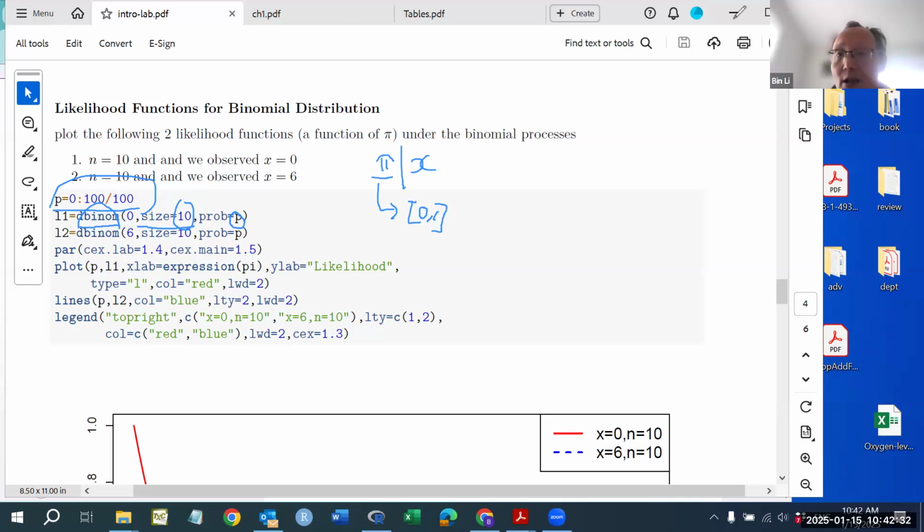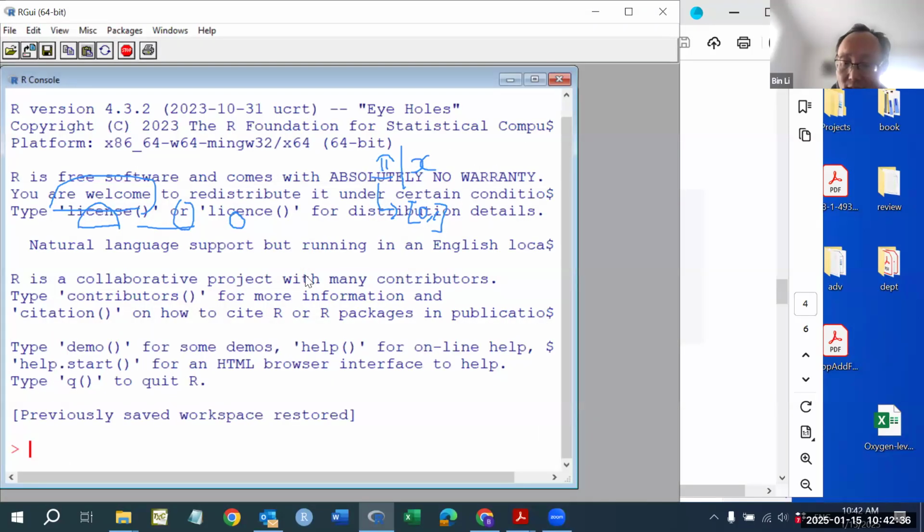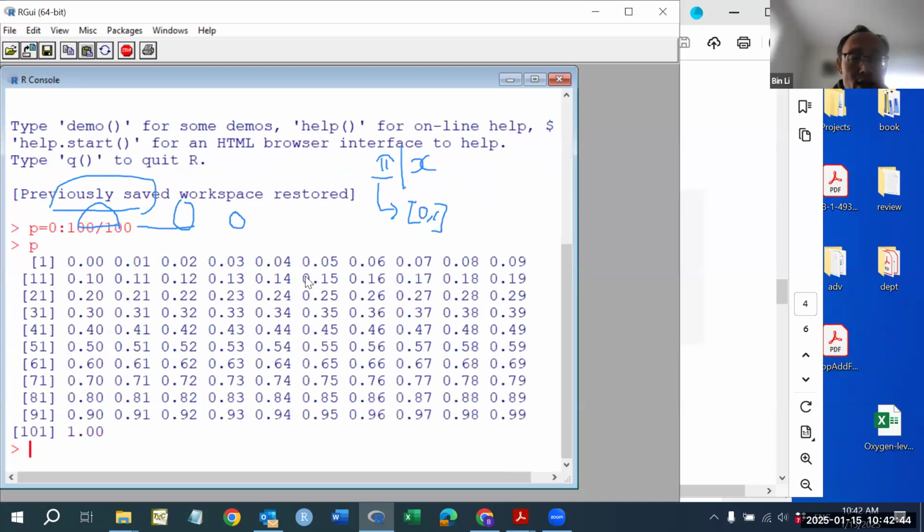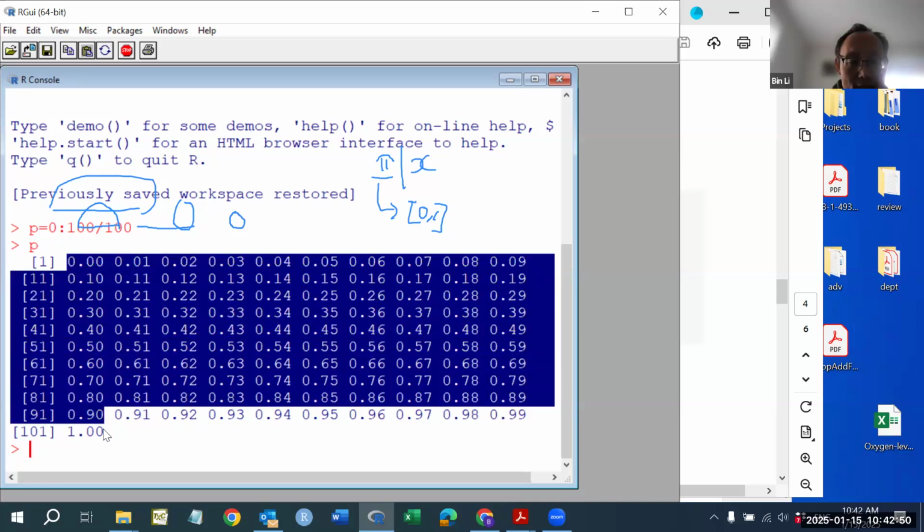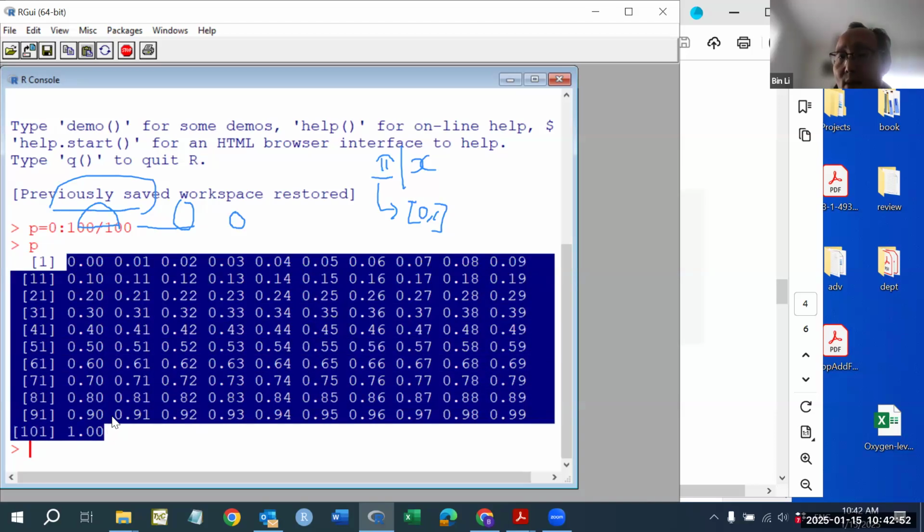What does that mean? It means p goes from 0 to 1, and the step size is 0.01. So I have the sequence of p.